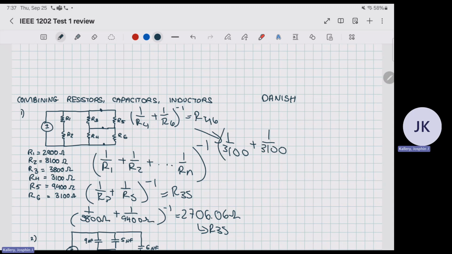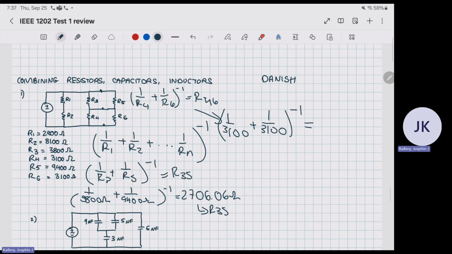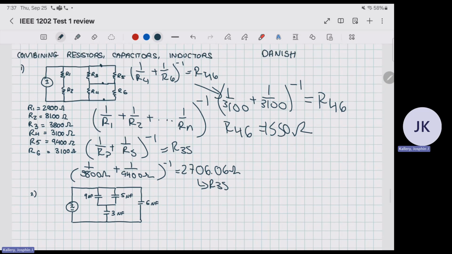So we're going to invert it, and then that'll give you R46. So then R46 equals 1550 ohms. Oh, that is not the ohm symbol. Ohms.